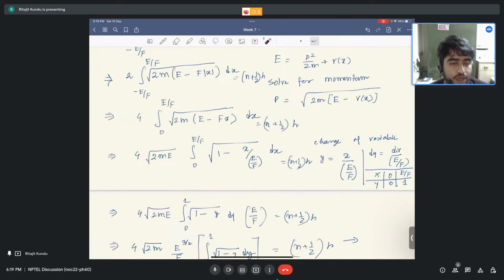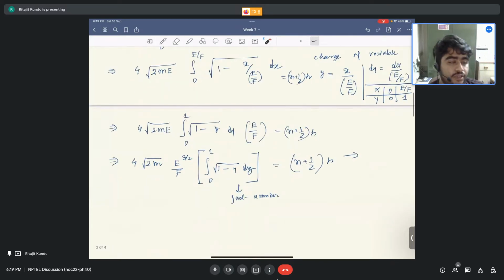I took something out of this integrand and I did a change of variable to extract all of the dimensionful quantities like E, F, all of those things out of this integration. Okay, so now all of the dimension is stored in this expression, and I am only left with a number. So this integration doesn't depend on any other variables which are present in the system. So this is just a number, and for a qualitative argument we don't have to even calculate this number.